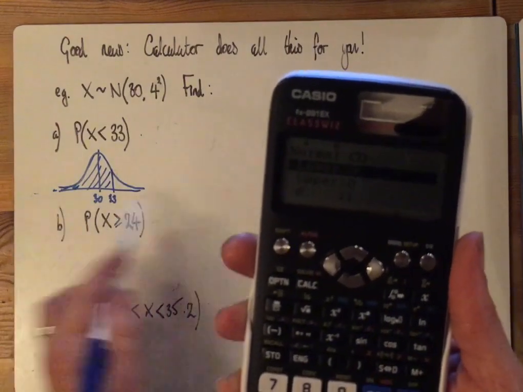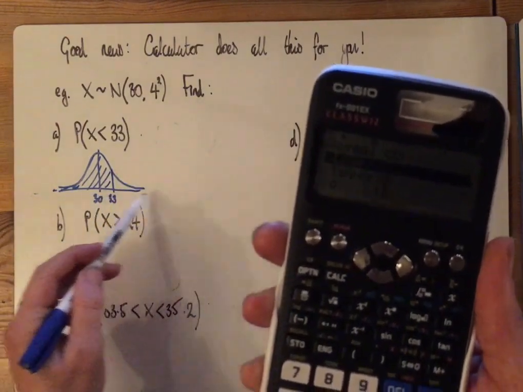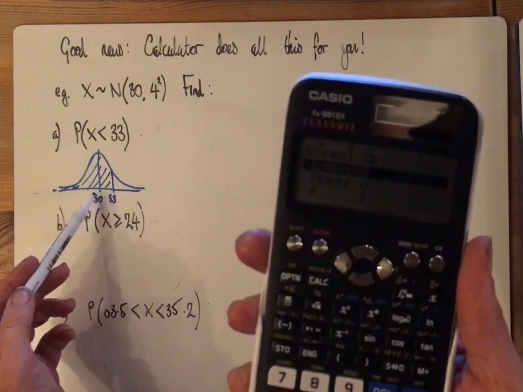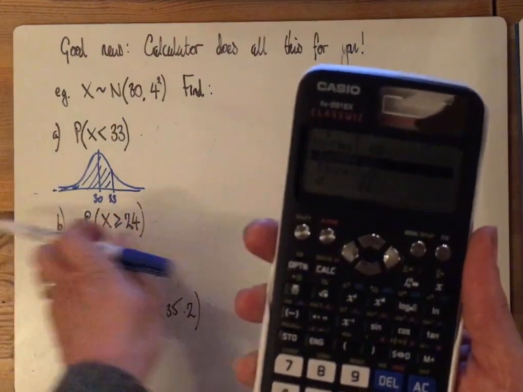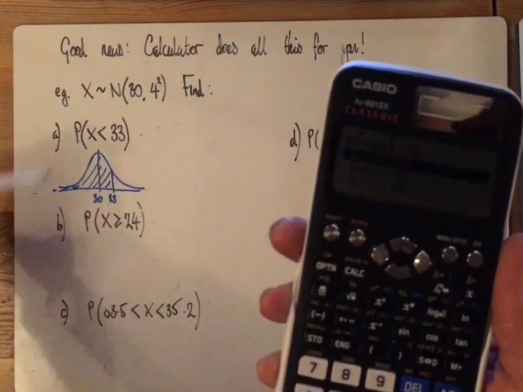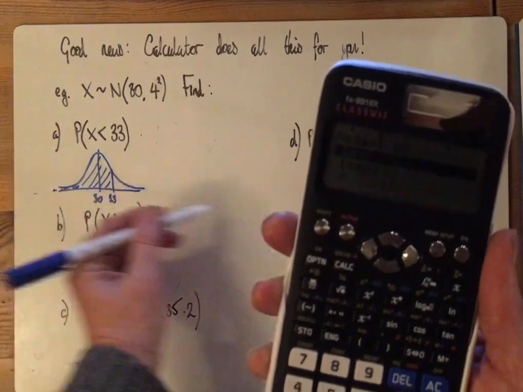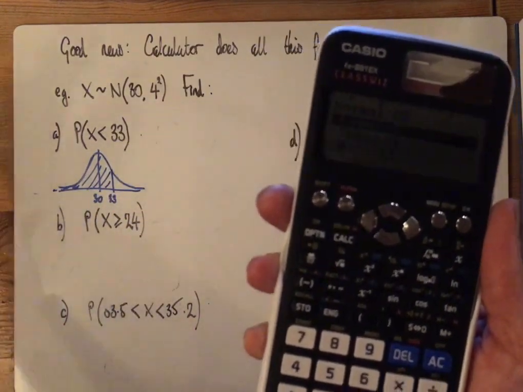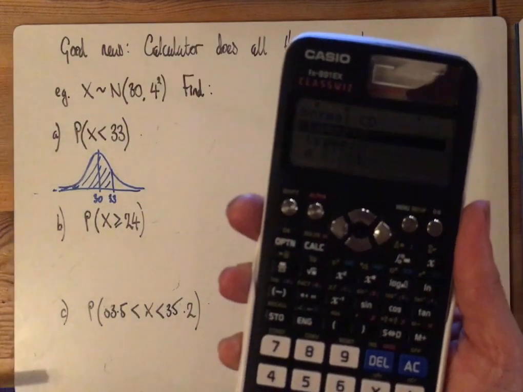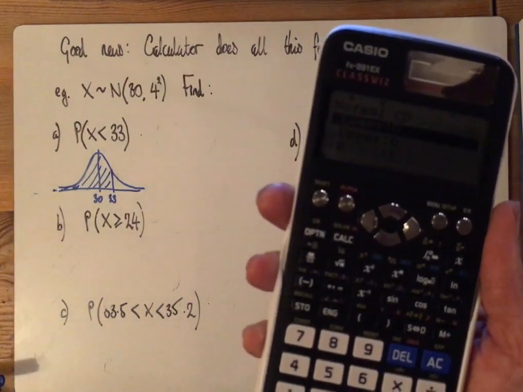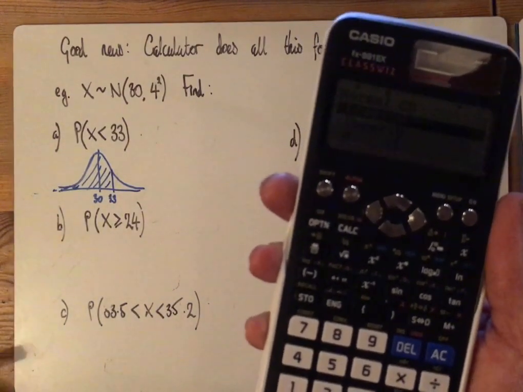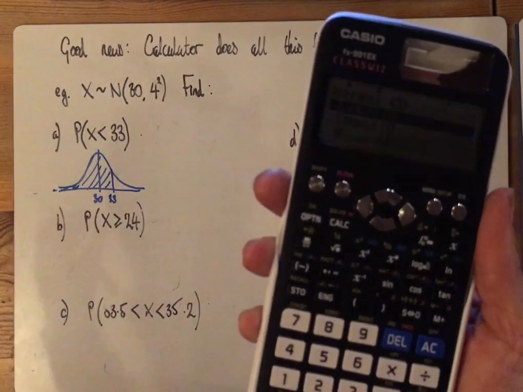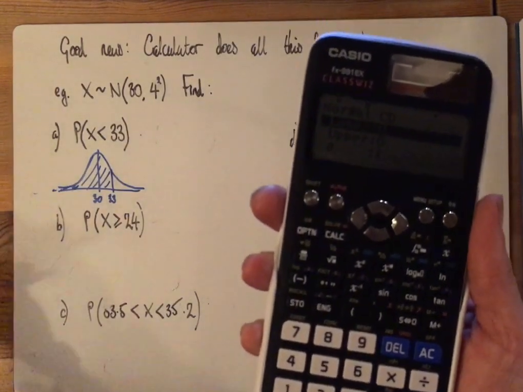So these curves, because they're models, they're actually infinite. So x goes all the way up to positive infinity, all the way down to negative infinity. But obviously the probabilities tail off each way. So although there is a probability of x being, I don't know, less than 0 even, that probability is going to be really, really small.